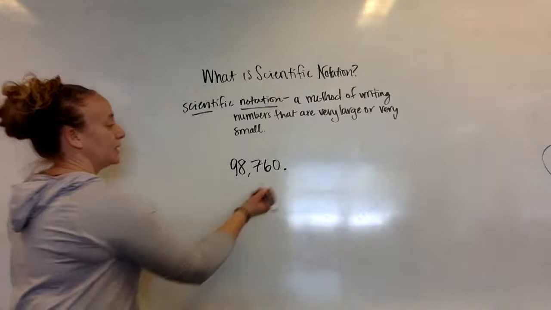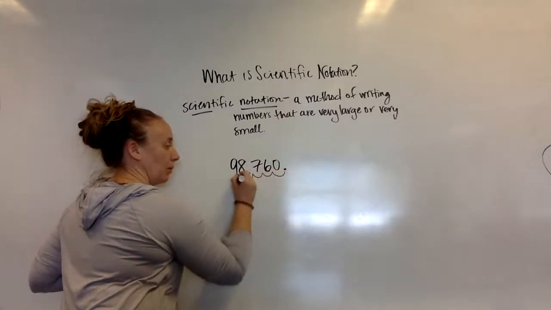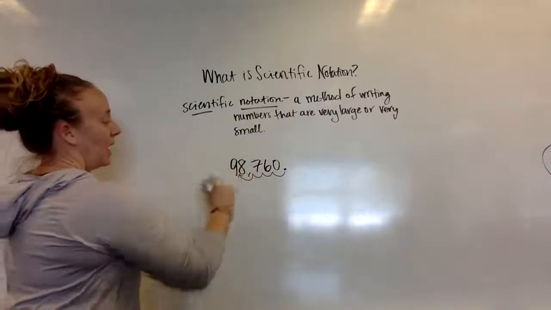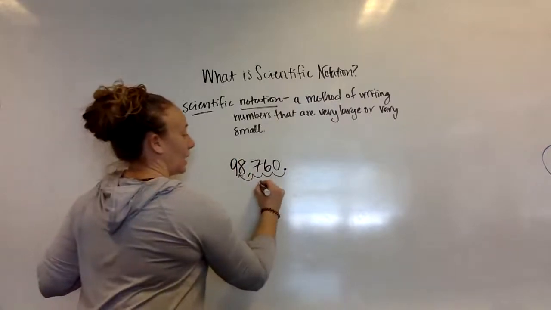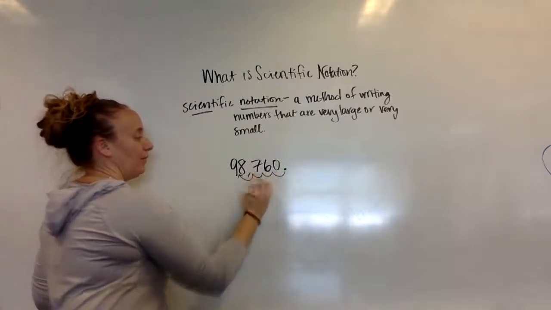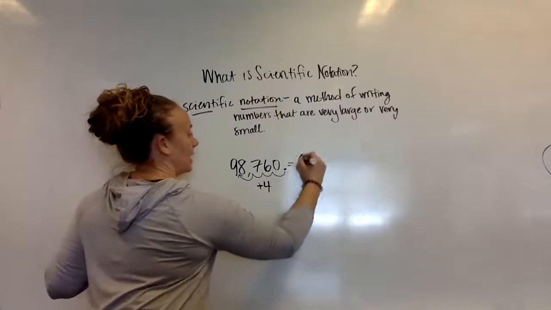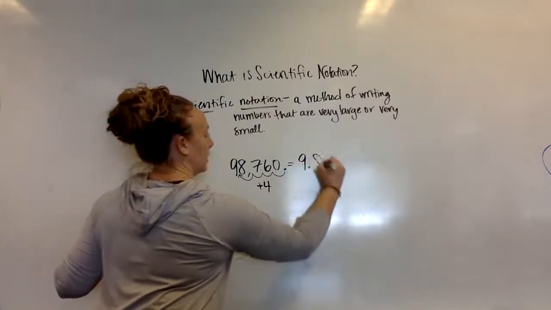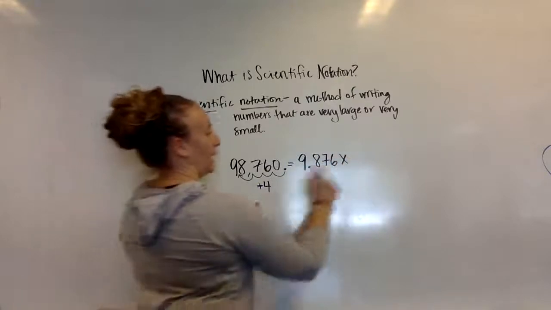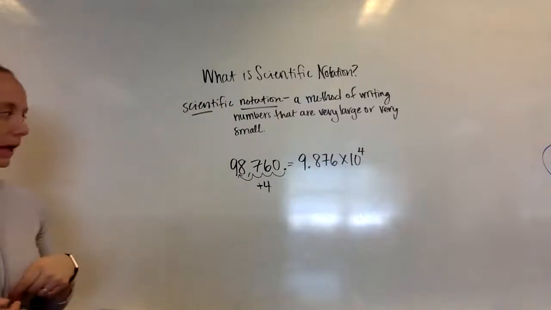And now I am going to essentially figure out how many times I would have to move that decimal point over to the left, which means I'm looking at creating a positive power. So I have 1, 2, 3, 4 movements. So I'd rewrite this as 9.876 times 10 to the 4th power, okay?